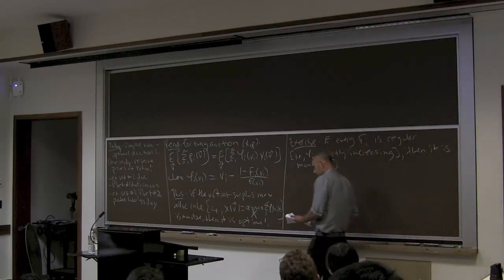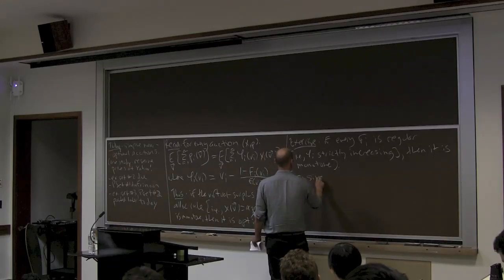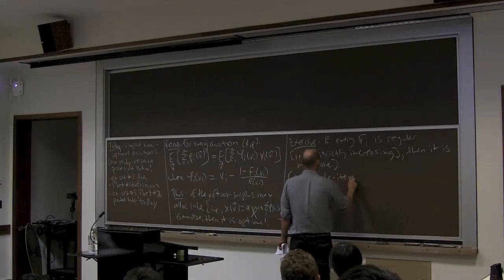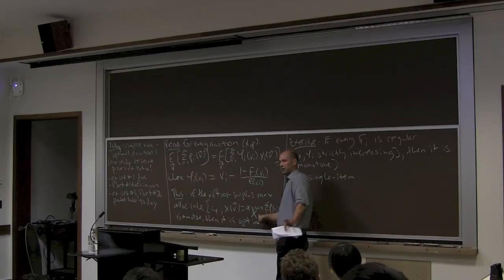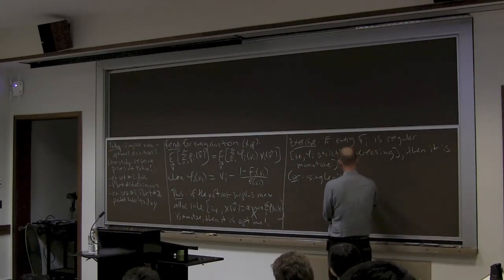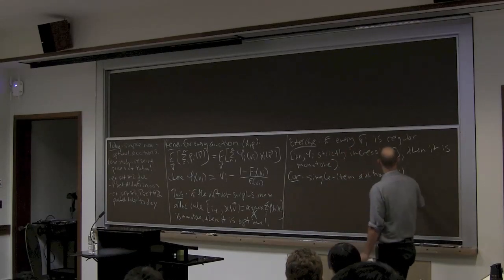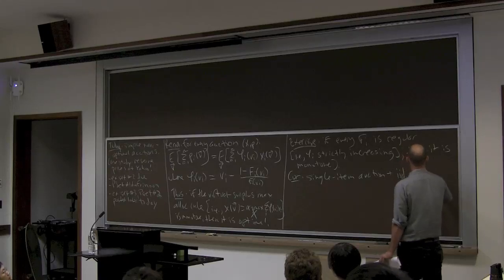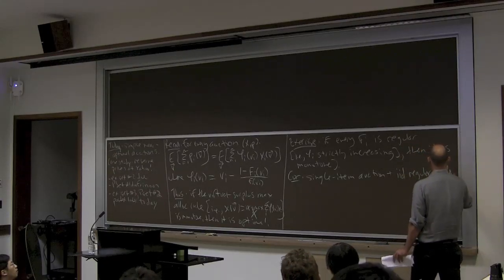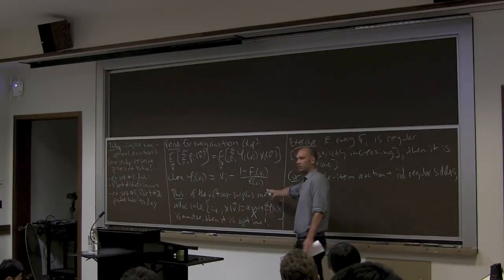Now, we also spent a little bit of time interpreting this on Monday. So single item auctions, where again, it's very easy to understand the feasible set, at most one bidder gets the good. You just have to choose whom. So if you have a single item auction, and also you have IID regular bidders, we observe that in fact, this rule is a very simple one.